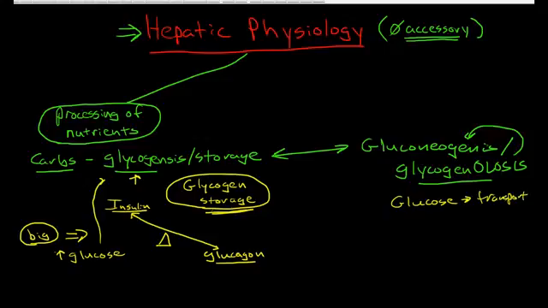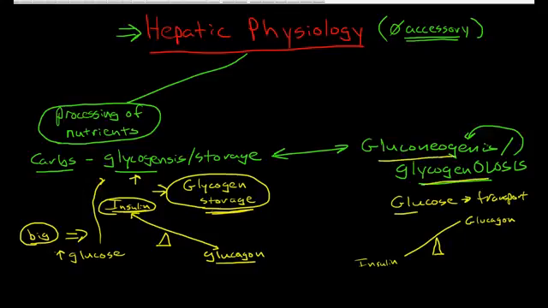When there is lots of insulin, the liver is in storage mode and it's producing glycogen for storage. When there is very little insulin, or the insulin-glucagon balance is tipped in the other direction, this would be fasting mode, then we are going to begin the process of glycogenolysis and gluconeogenesis, so we can start cranking out glucose to be transported in the bloodstream.